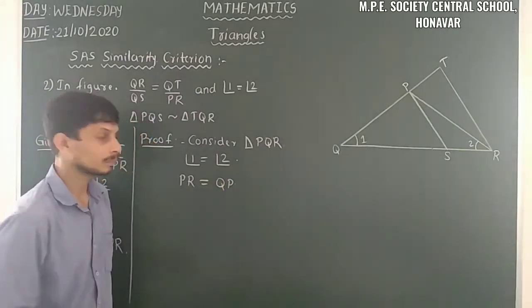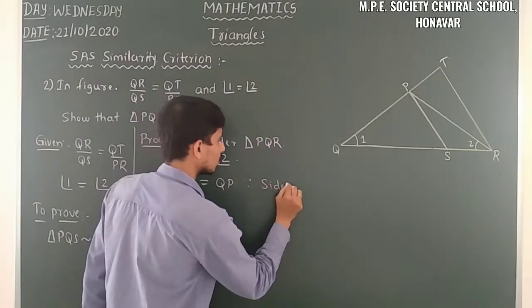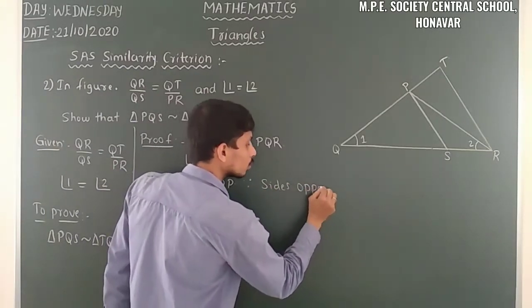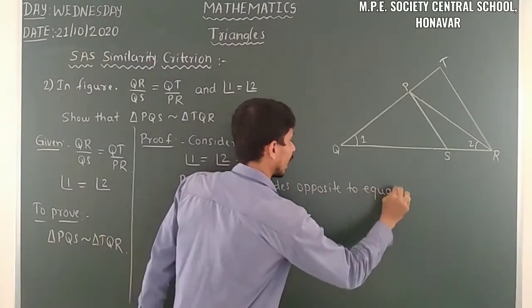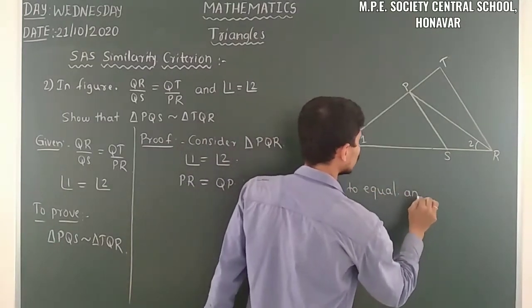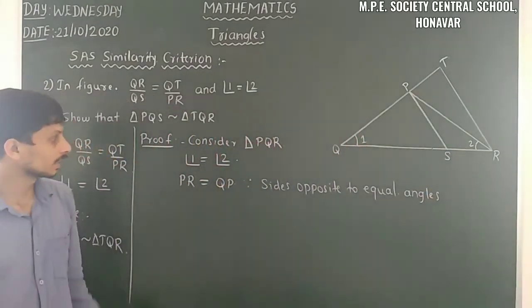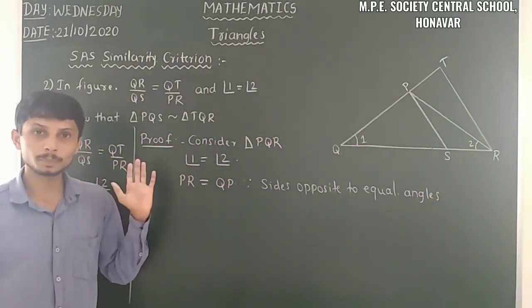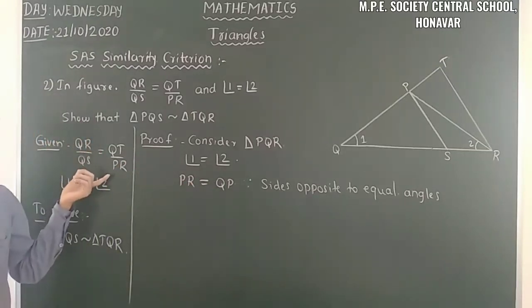So here, because of sides opposite to equal angles, we have PR is equal to QP. So let us substitute PR is equal to QP in the given equation.